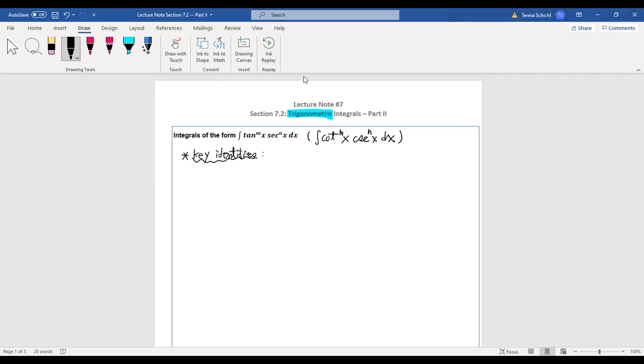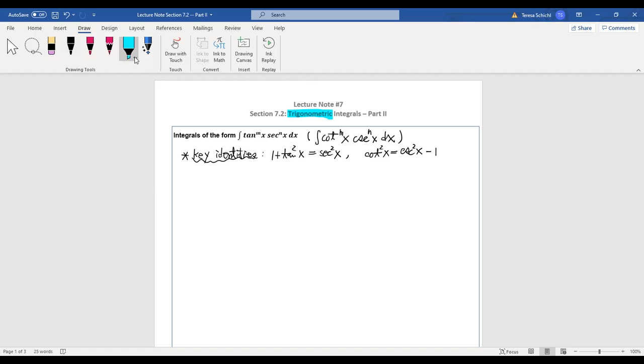For the tangent and the secant, we have 1 plus tangent squared x is equal to secant squared x. If you have cotangent and cosecant, it is similar: cotangent squared will be equal to cosecant squared x minus 1. Those are the key identities.